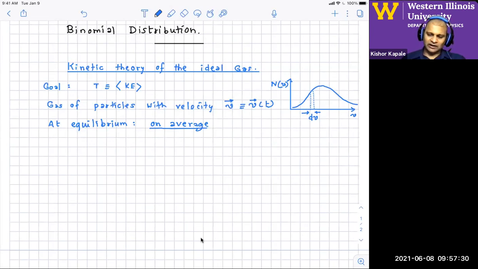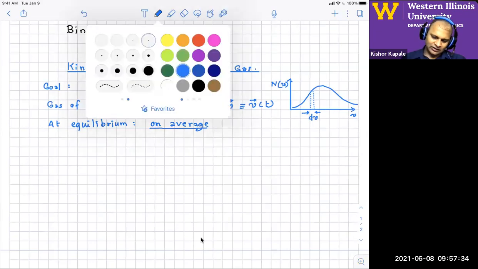And so what I'm going to say is this number, the area, I'm going to shade this area in a different color.